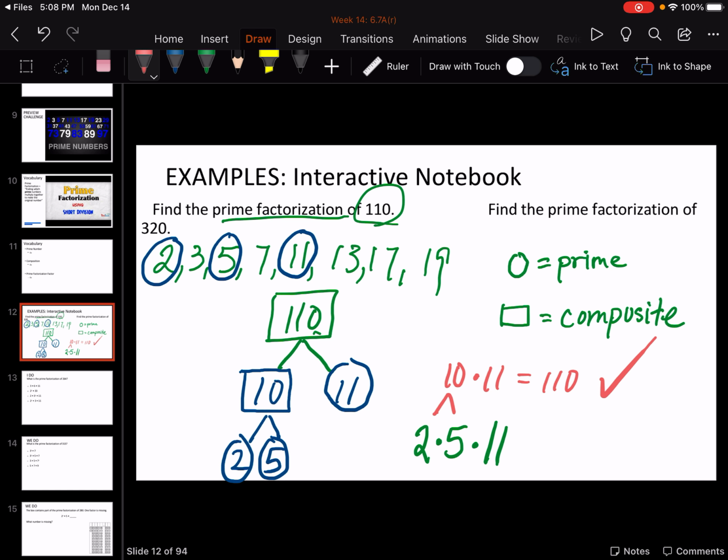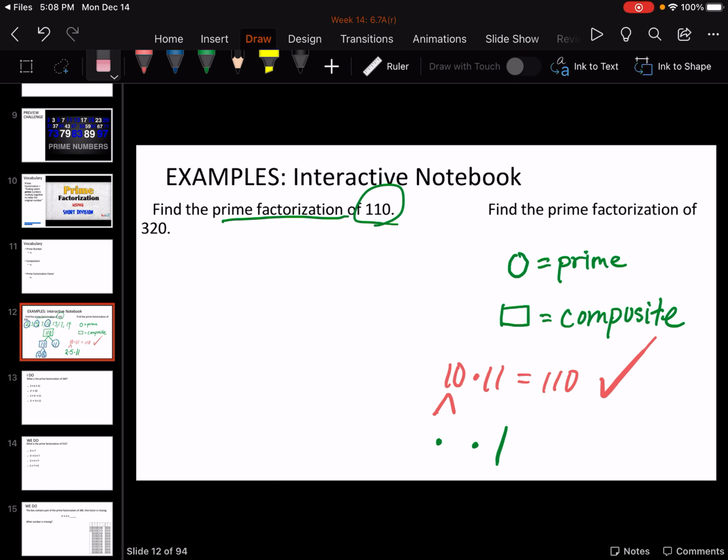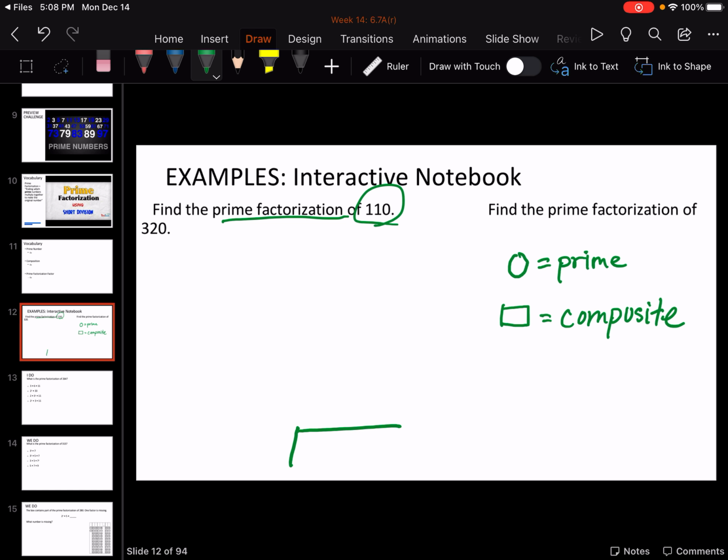Okay, now the second method is, like I said, the cake method. With the cake method, we start at the bottom. We start with the given number 110.